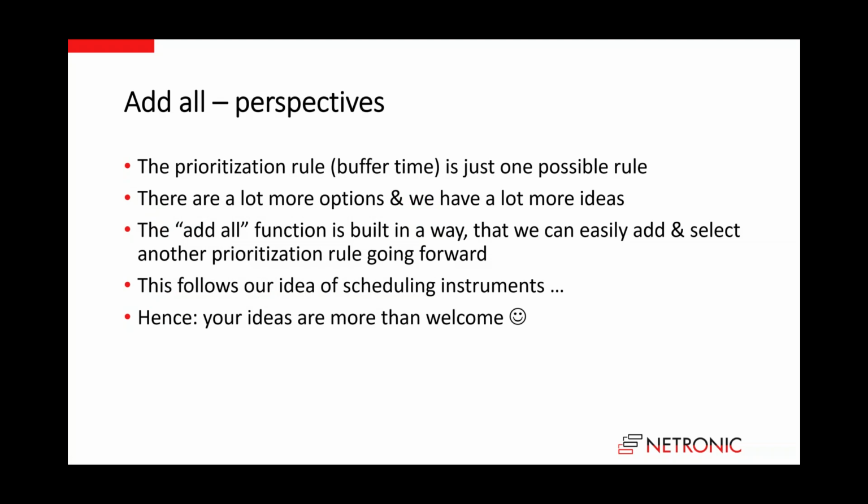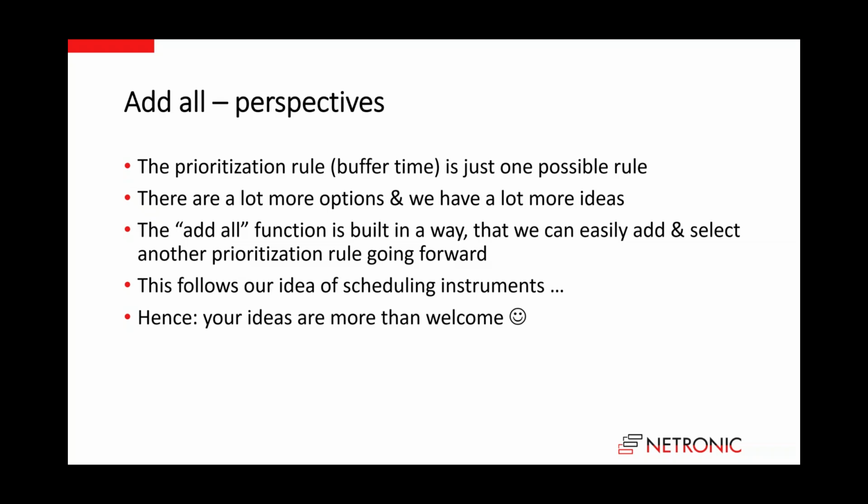Once we had this specified, we had a lot of ideas in mind, because the prioritization rule that we now have, the buffer time, is just one possible rule. And I have a lot more ideas on how you can actually prioritize production orders. Hence, we built the add all function in a way that we can easily add and select other prioritization rules going forward.